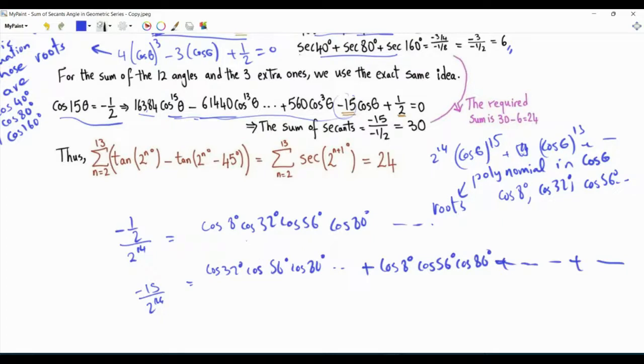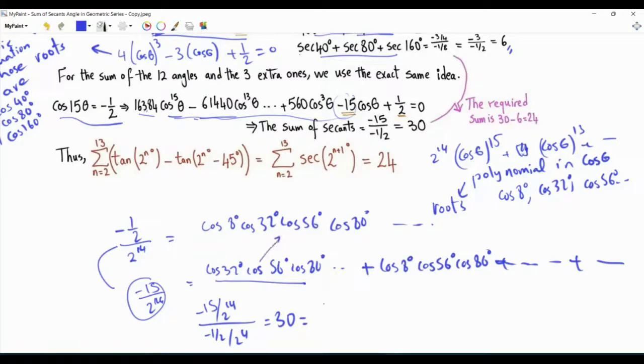What we are interested in is sec 8 degrees plus sec 32 degrees plus sec 56 degrees. So what we can do is divide this by that. So this is the sum excluding cosine 8. When we take minus 15 over 2 to the 14 divided by minus 1 over 2 to the 14, what we get is 30. And what is this 30?